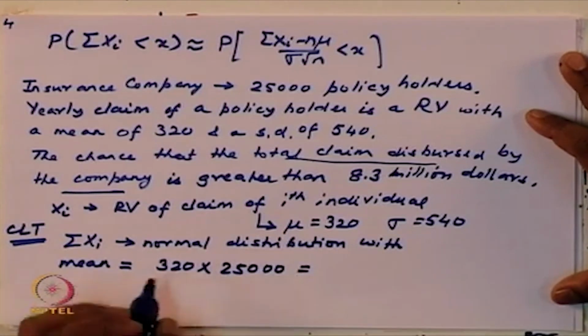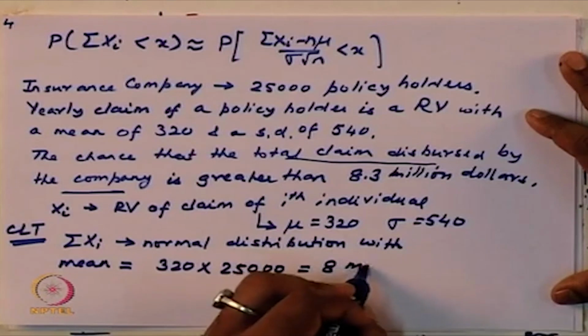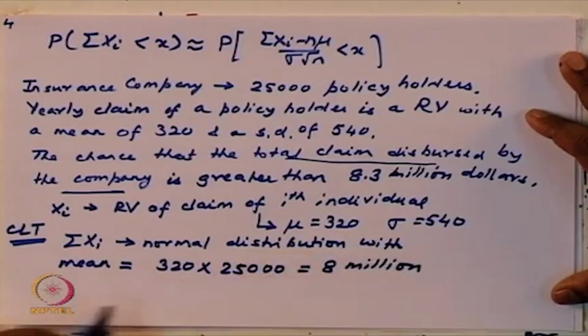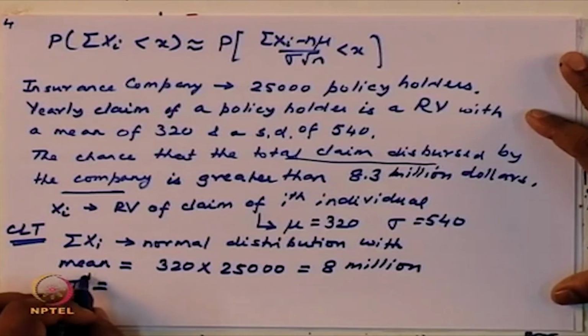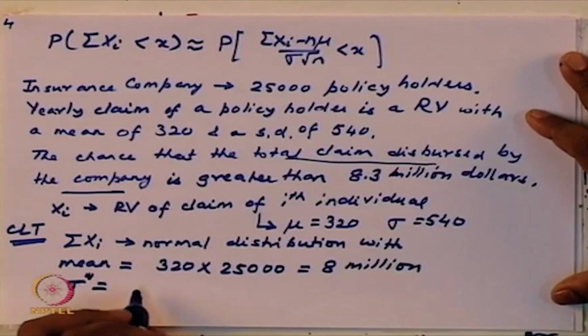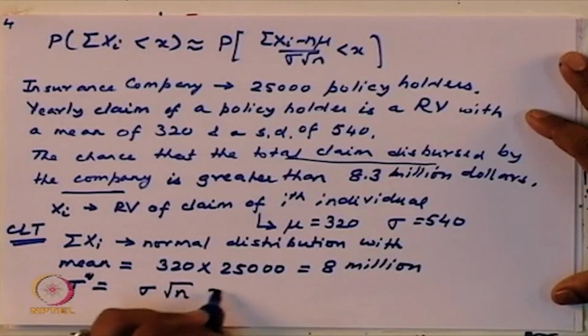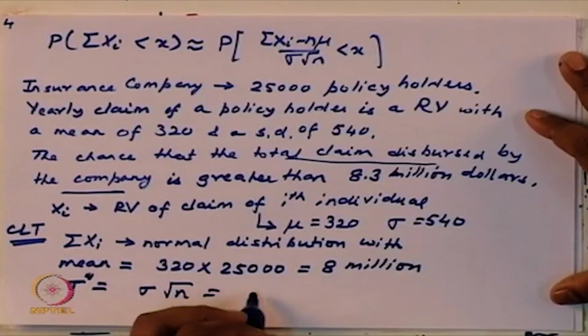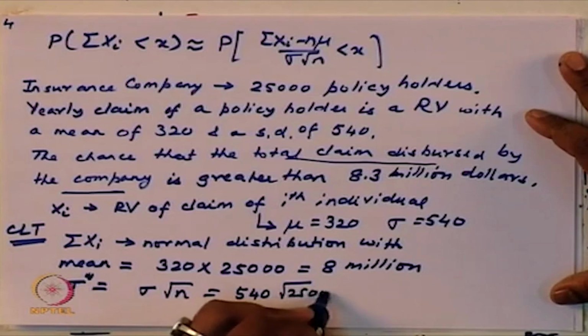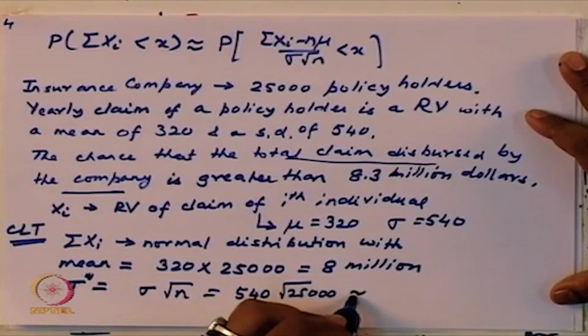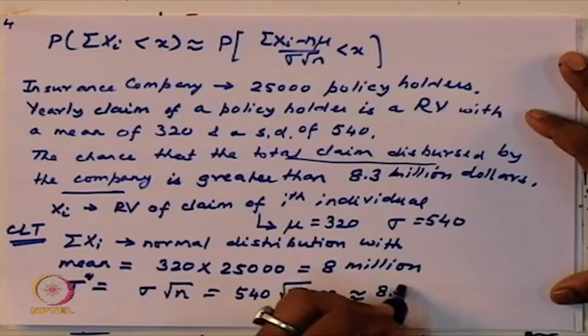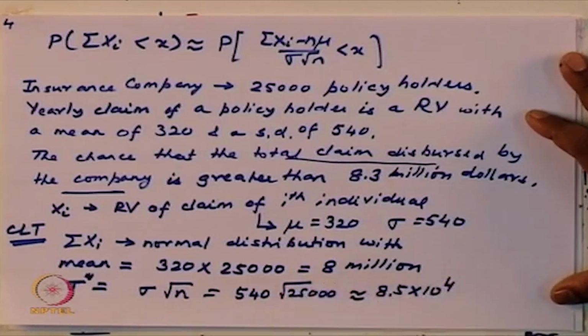So, if you plug in the numbers, this will come to be 8 million. And standard deviation, I can say sigma star equal to sigma into root of n. Okay. So, which is 540 into root of 25,000. Okay. So, this will approximately come to be 8.5 into 10 to the power 4.